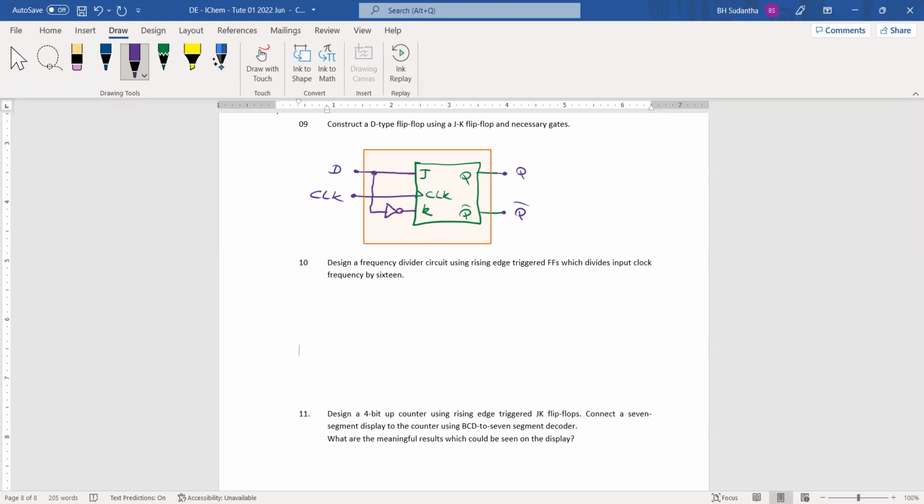Yeah, if we have only one flip-flop, then we can divide it by 2. This is the number of flip-flops.